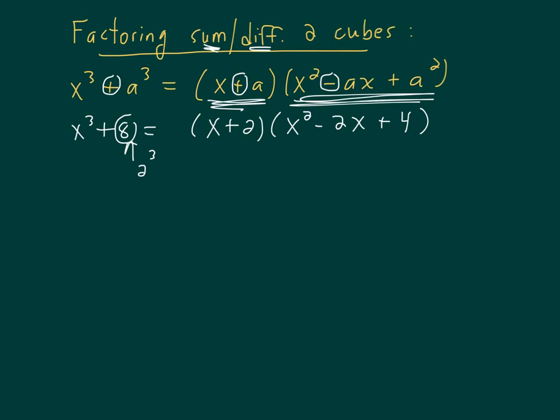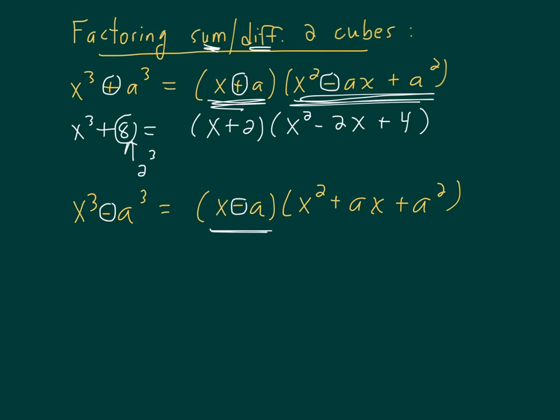Now let's talk about the difference of 2 cubes. So here's our next formula for the difference of 2 cubes. Look how similar it is to the sum of 2 cubes. Notice the signs start off the same for the binomial piece, just like it did with the sum piece above. And then this is virtually the same, except once again we see an opposite sign there.